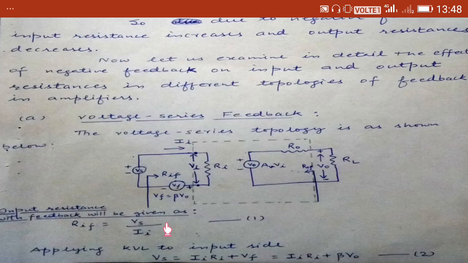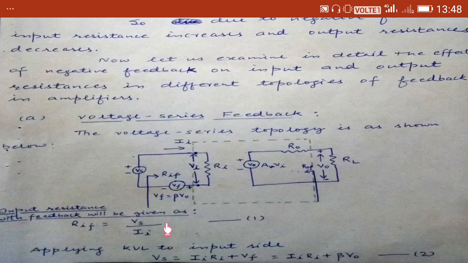Now, how can we find this ratio? We have to apply KVL in the input section. By applying KVL, the equation comes like Vs equal to Ii into Ri plus Vf.